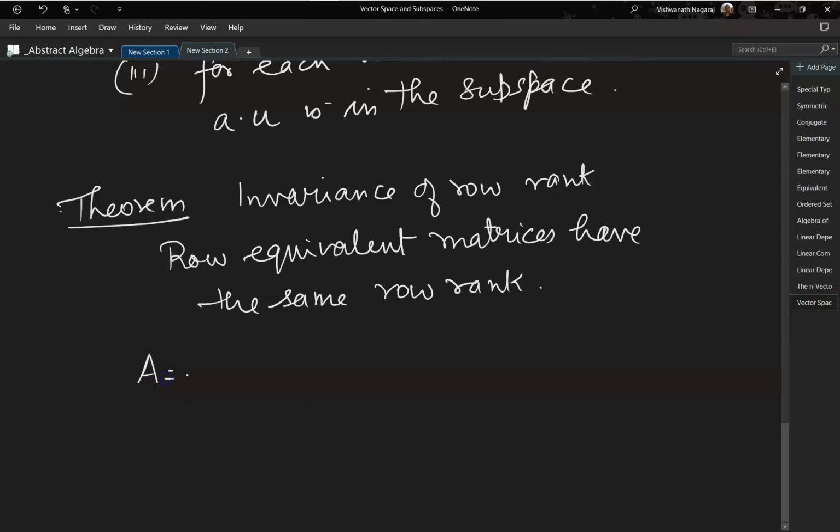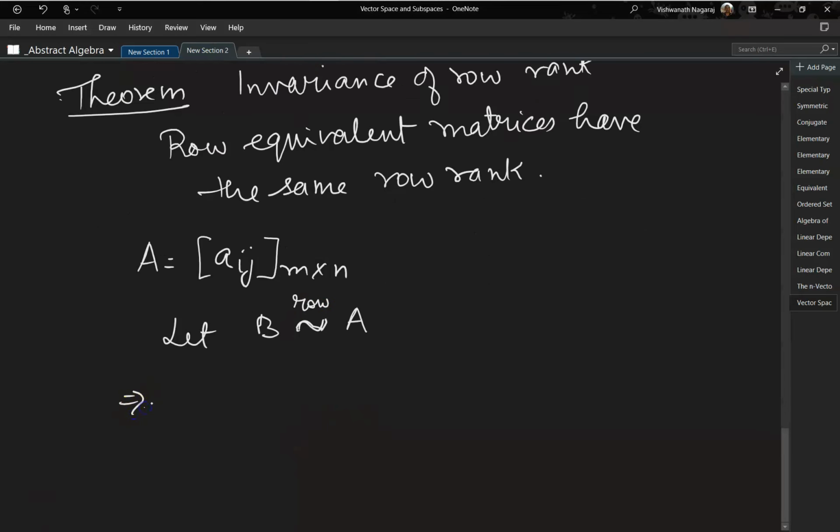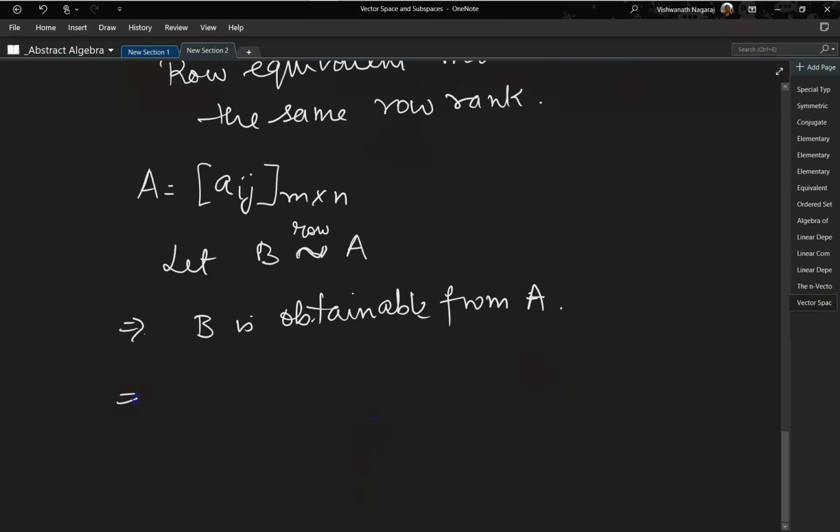Let's say we have a matrix Aij of m by n order. Now let B, another matrix, be row equivalent to A, which implies that B is obtainable from A. Now, how would we obtain it?